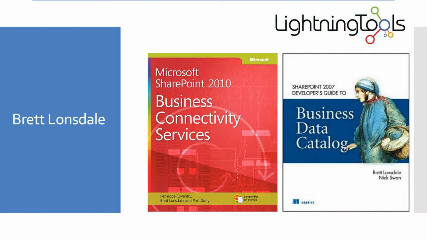As time went on, SharePoint 2010 was released with the Business Connectivity Services, and one thing that got a lot better at that time was the ability to write back to external data as well. So we had something called the external list, and the external list looked and behaved like any ordinary SharePoint list, so we could view our customers, view our orders, that sort of thing inside a SharePoint list, but also write back to the data store.